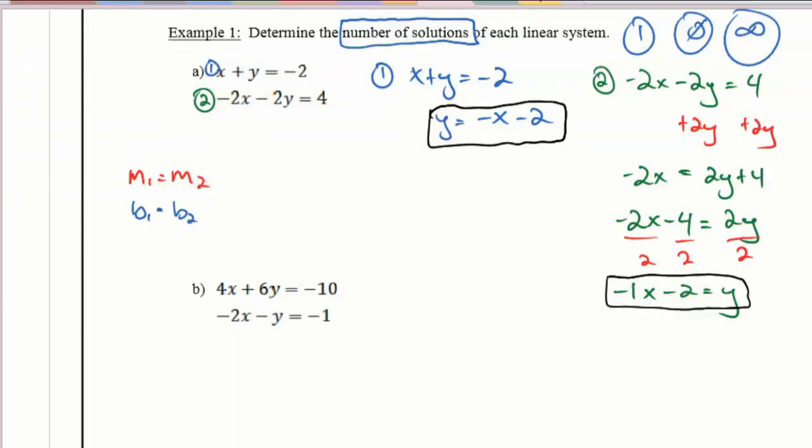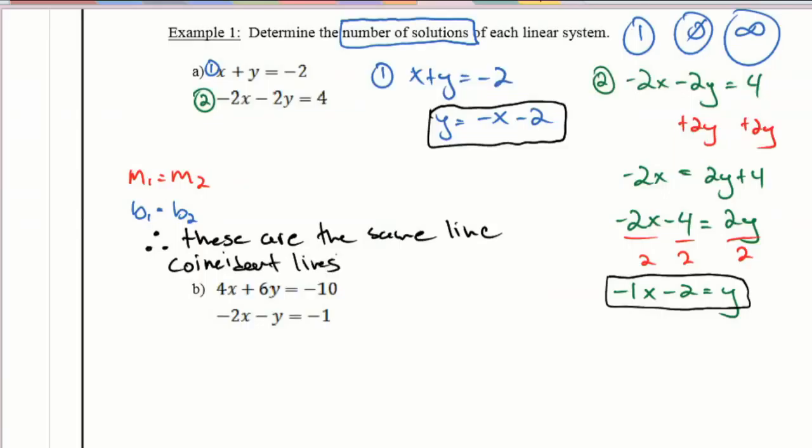So I can just write something like, these are the same line. The slopes are the same, the y-intercepts are the same. We can call them coincident lines and infinite solutions.